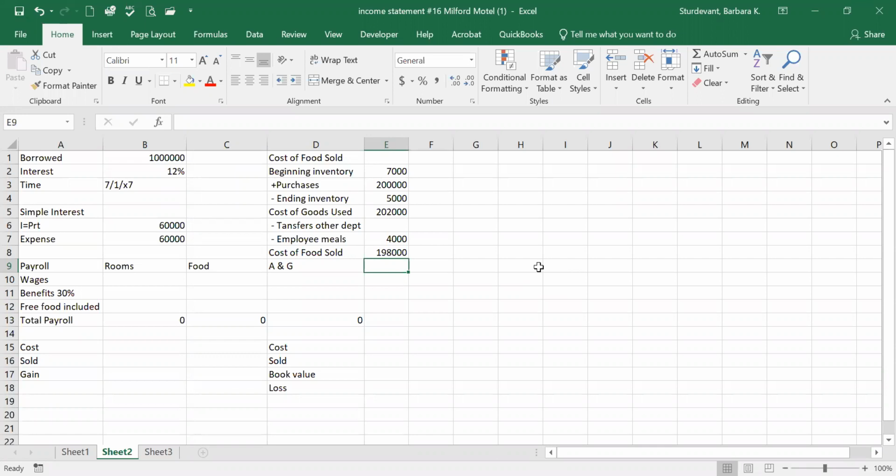All right, so let's go to payroll. Our payroll is 30% and it excludes the food. So go find the wages. What do we have? 300,000. Okay, what about food? 200,000.